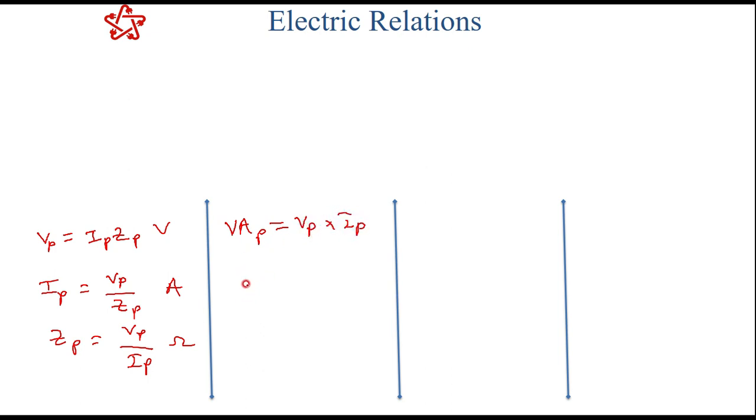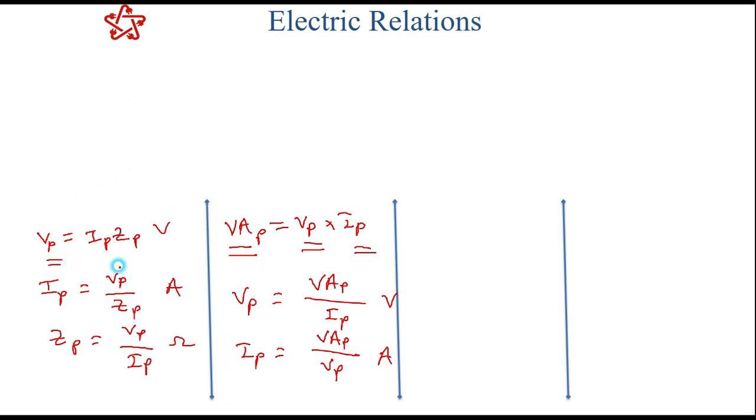From this relation you can calculate Vp, which is equal to VA per phase divided by Ip, in volts, and Ip can be calculated as VA per phase divided by Vp, in amperes. It is a simple relation. VA is the product of voltage and current, and voltage is the product of current and impedance.